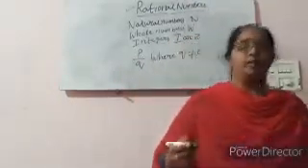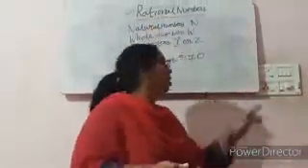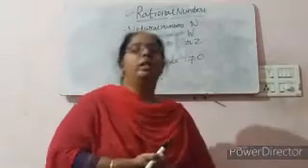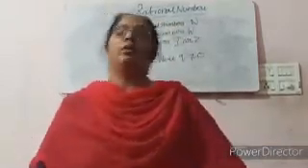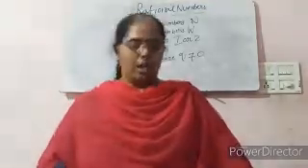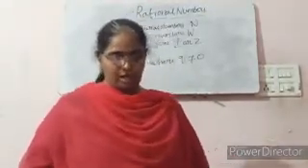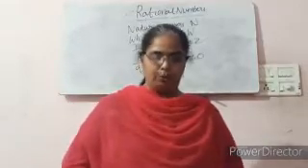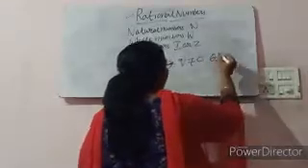You can write it as p by q or a by b, whatever it is, the denominator is not equal to 0. These rational numbers are denoted with Q.